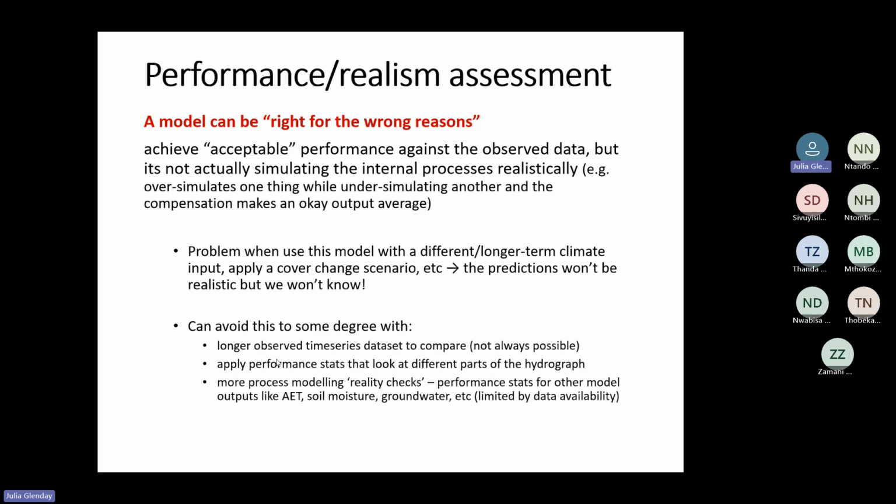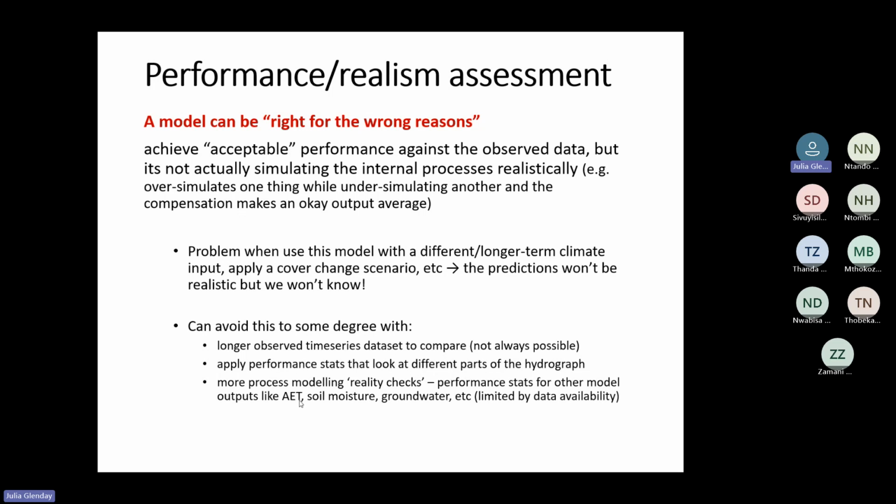The longer an observed time series you have to compare to, or if you really look at high and low flows in your hydrograph, even if you're not so concerned about the lowest low flows for your management applications necessarily, trying to get a variety of statistics to perform well helps guard against this issue.